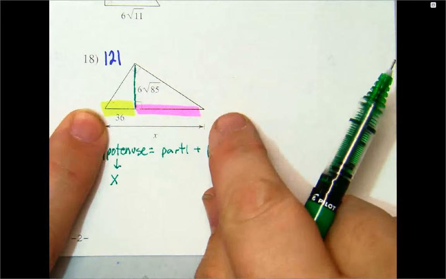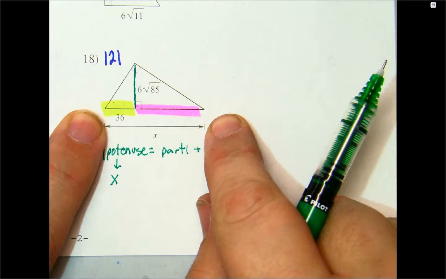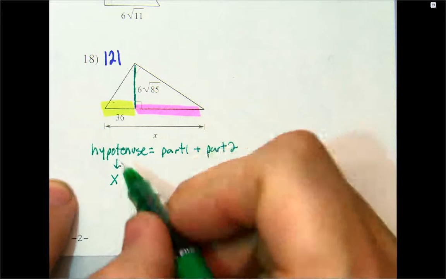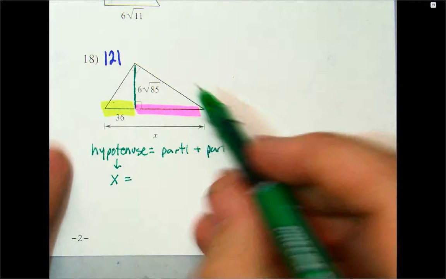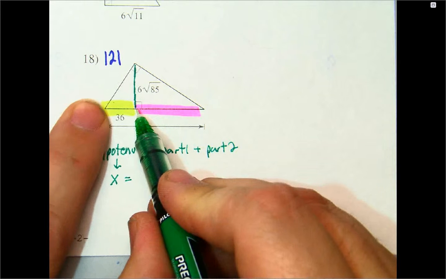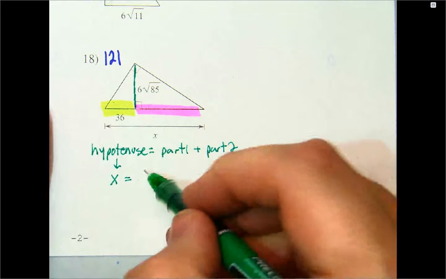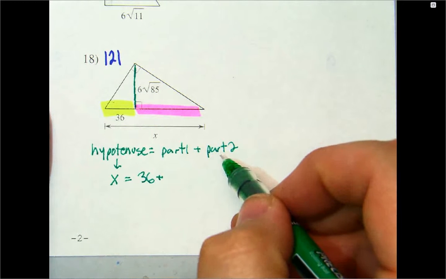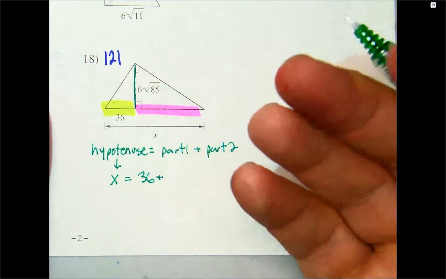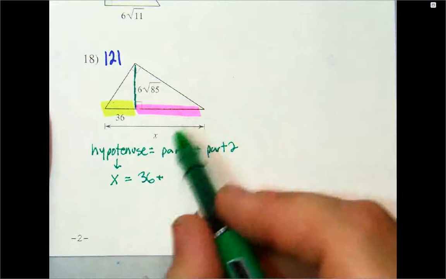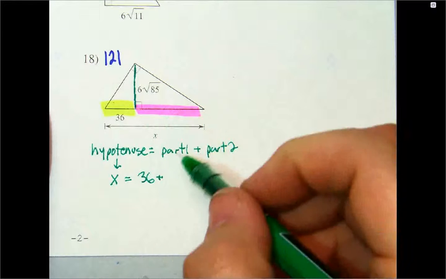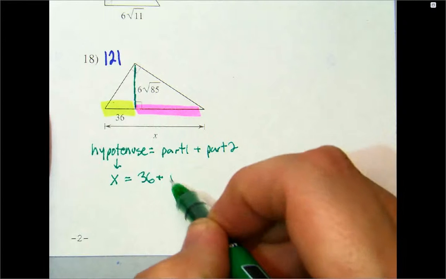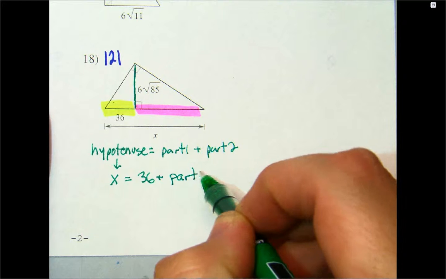That big whole thing says that's our whole hypotenuse. The first part of the hypotenuse we know, it's 36. Do I know the other part? That's the problem, is that we don't know the other part. We don't know this pink part here. So we'll just call that part 2, because we could do that.